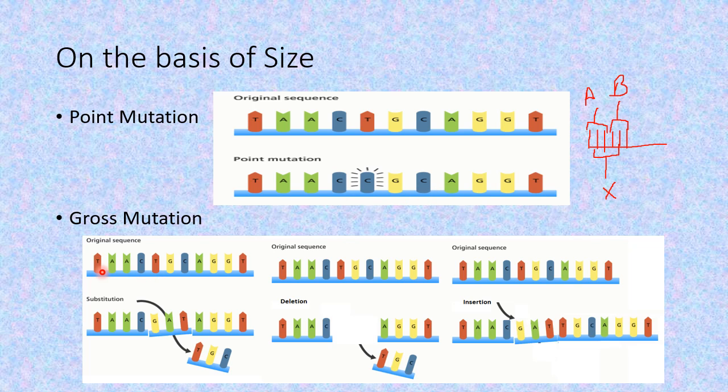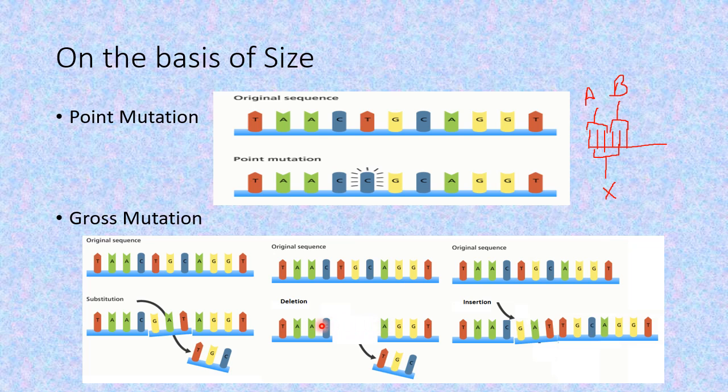The second type is the gross mutation, in which there is not the alteration of a single nucleotide. Instead, either a set of nucleotides is substituted, that is, replaced by another set of nucleotides, or they may be deleted.